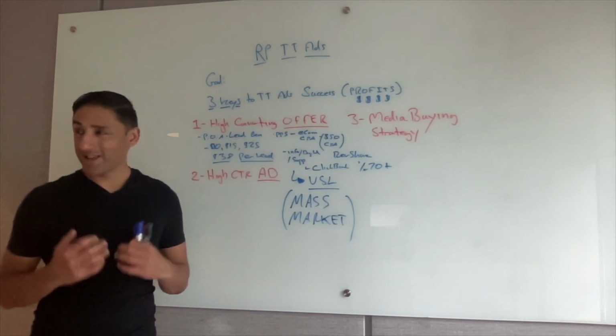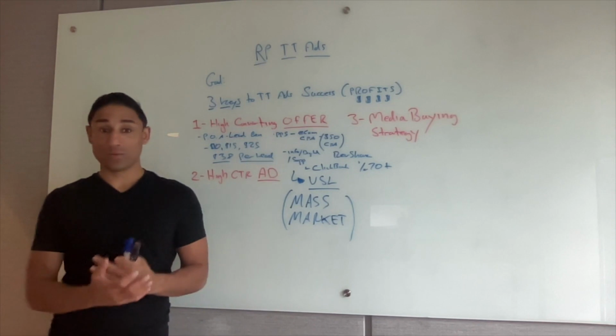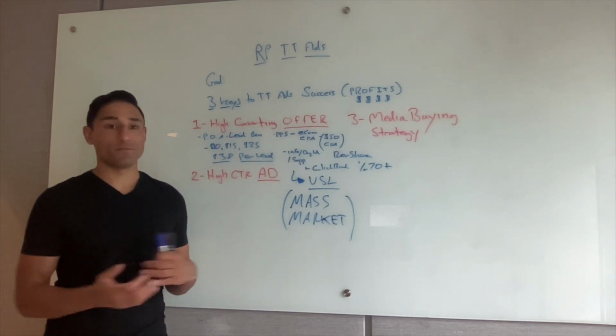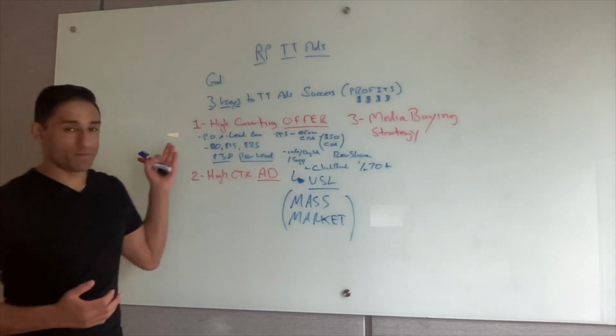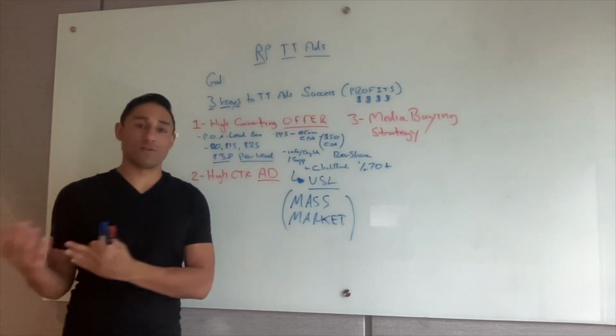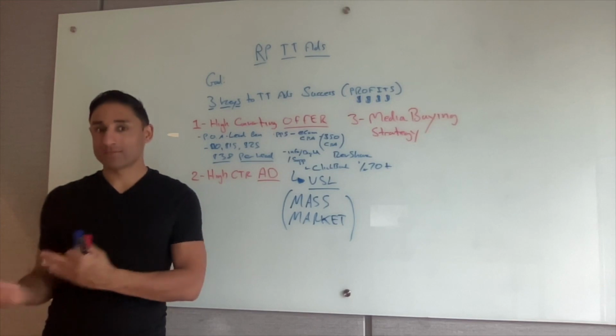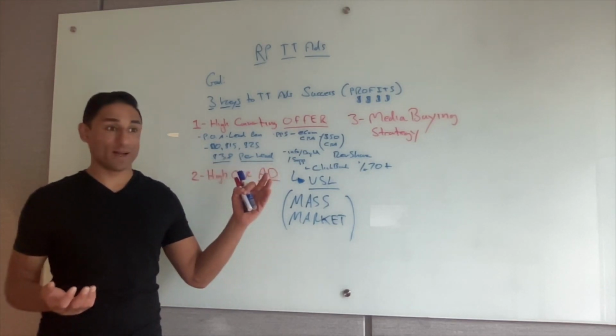These are massive pain points and problems around the world. There are millions and millions of people that need what we have here. And if we can provide someone a way to save money on car insurance, for example, they're going to fill out the form to find out how much they can save.